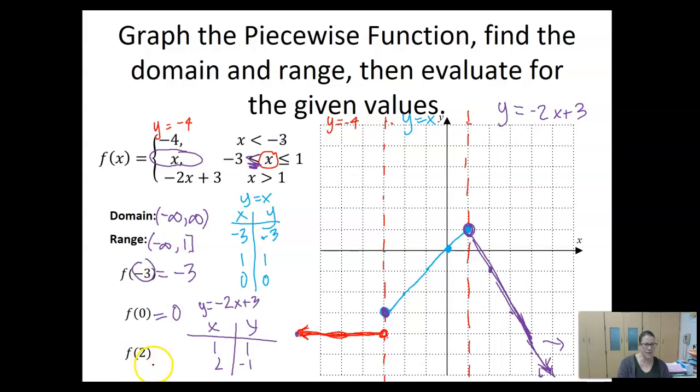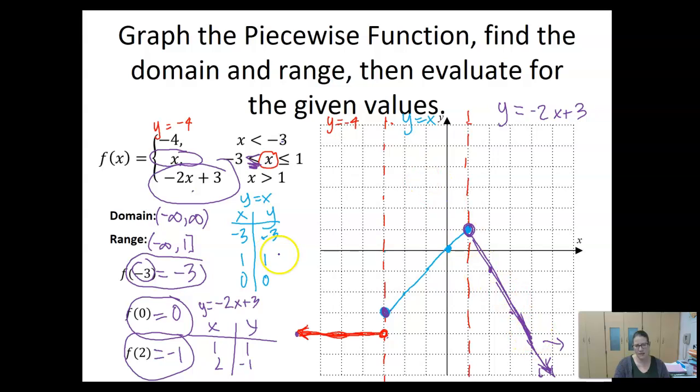And then when x equals 2, it is greater than 1, so I would plug it into this one right here. -2 times 2 is -4, and -4 plus 3 equals -1. Okay, so just, again, rely more on the equations for finding those than you do on the graph, although technically both will work. It's just that since we drew the graph ourselves, sometimes we might not be able to rely on every point being exactly where it's supposed to be.